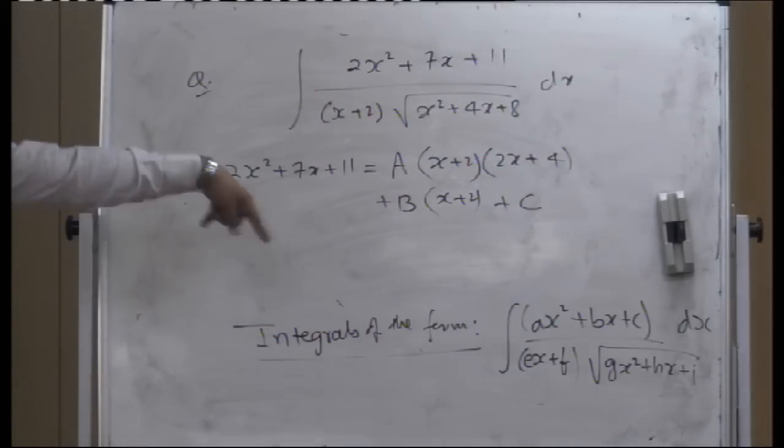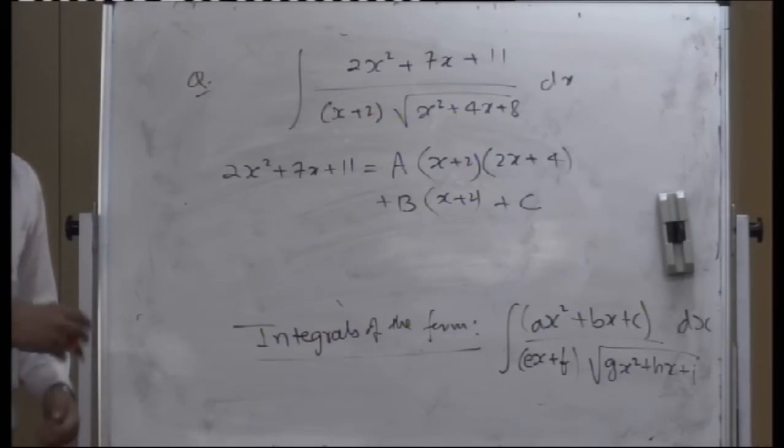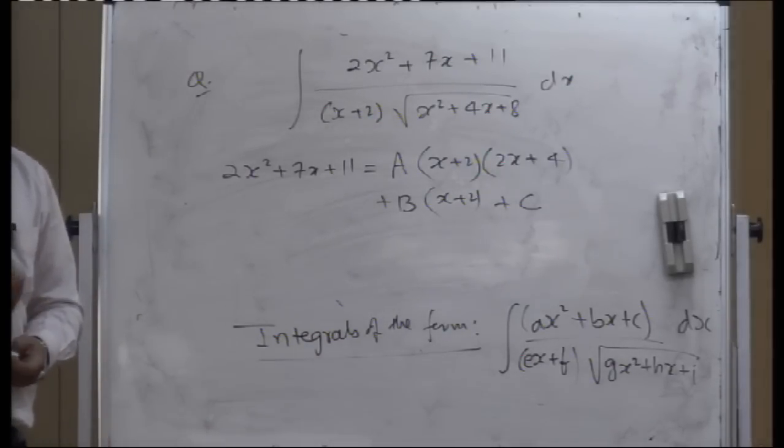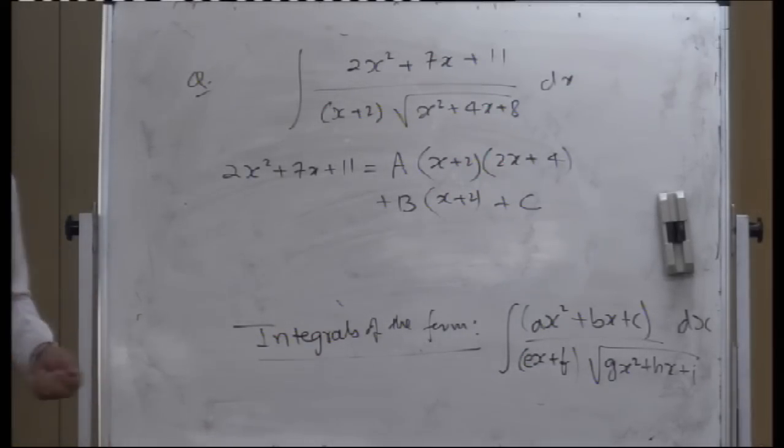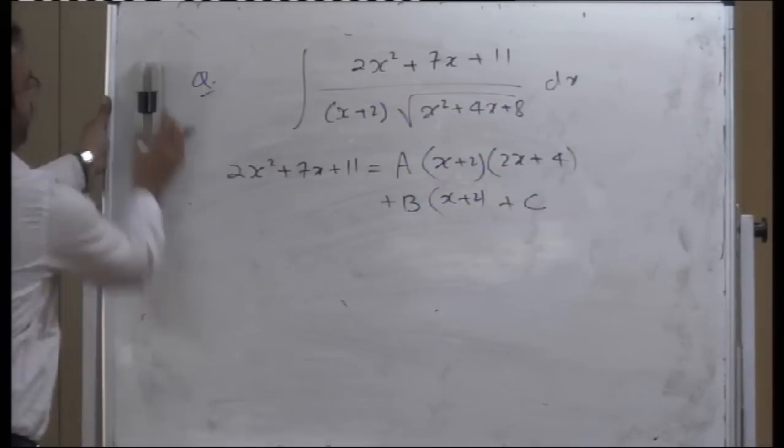So in this manner you will find a, b, c. That part I am just leaving. A, b, c you can find either by equating the coefficients of x square, x and constant, or by putting random values of x. What you can get now is all the known forms.